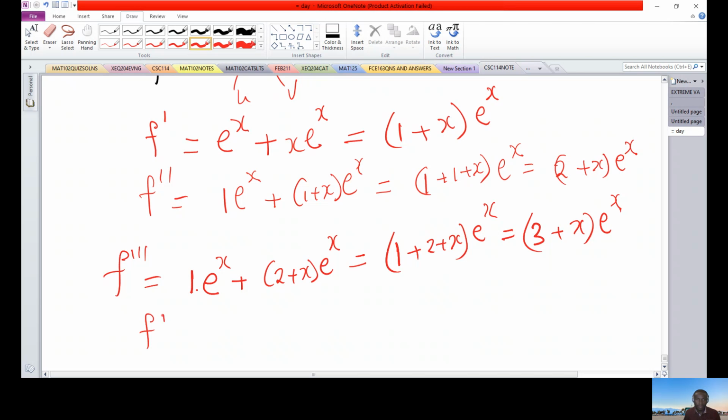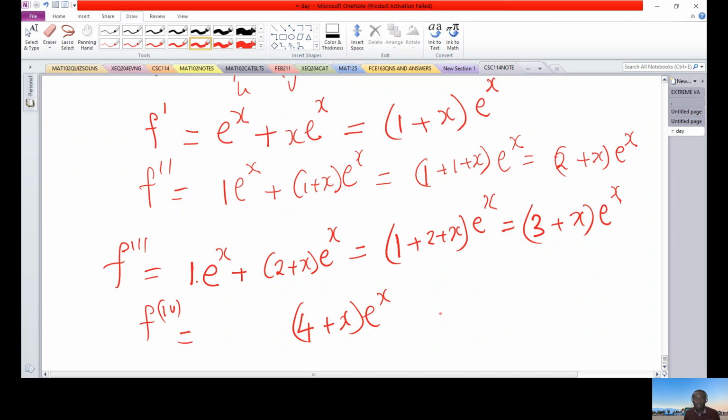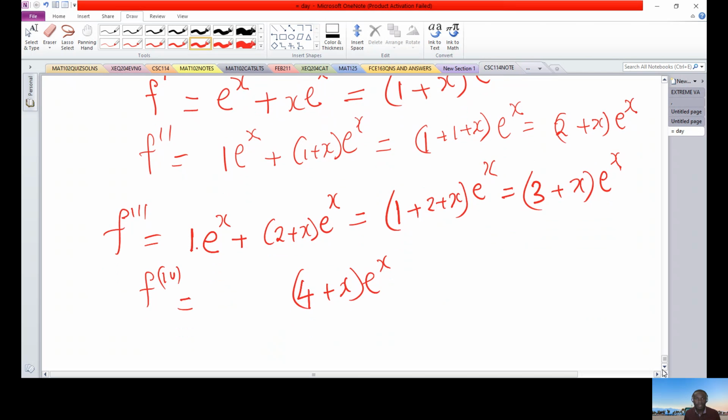Also, even the fourth derivative, you can actually guess from this one: it will be given by 4 plus x, e raised to the power x. And you can also guess the next derivative as 5 plus x, e raised to the power x.